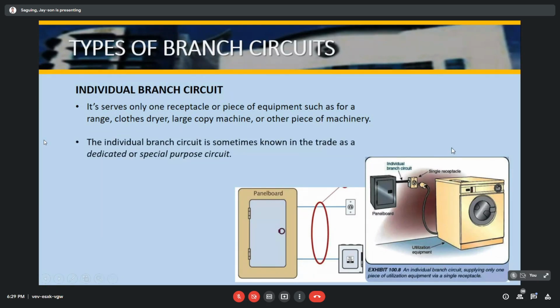The individual branch circuit is sometimes known in the trade as a dedicated or special purpose circuit. A branch circuit that supplies one duplex receptacle that supplies 2 cord and plug connected appliances or similar equipment is not an individual branch circuit.